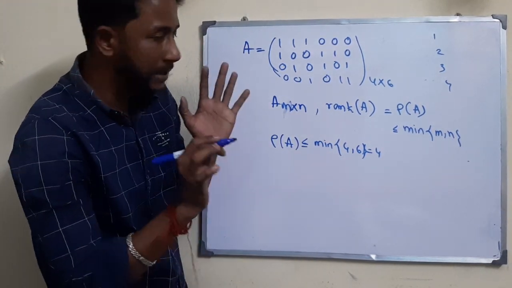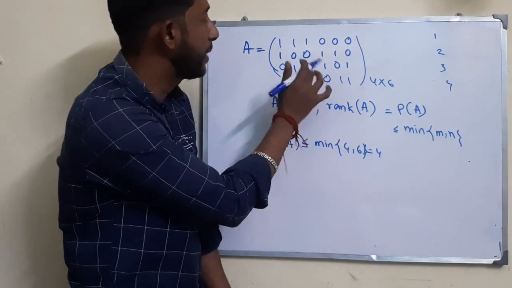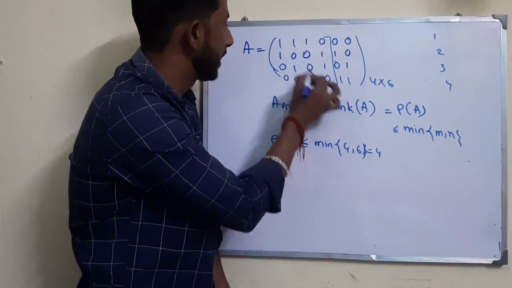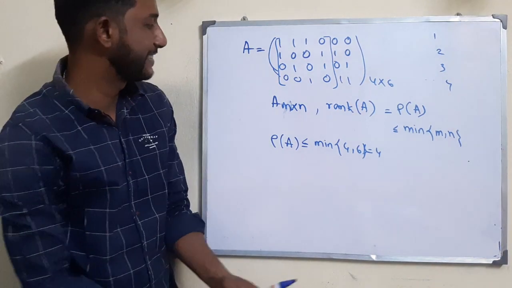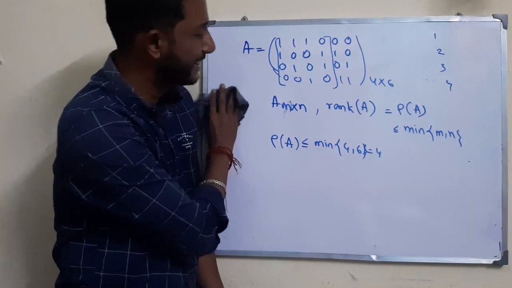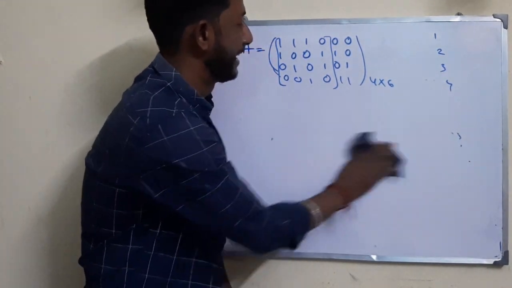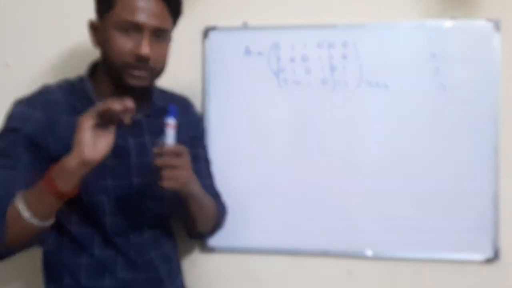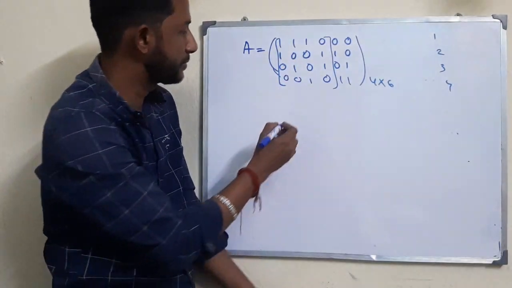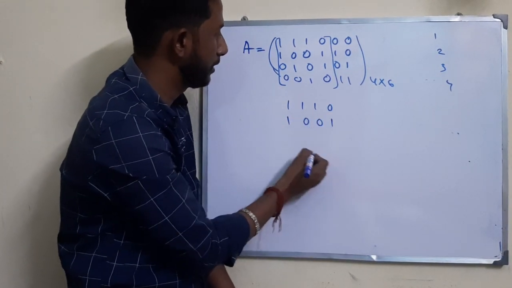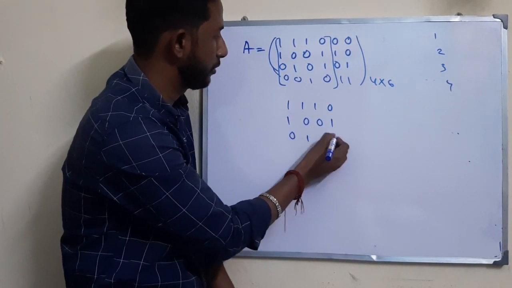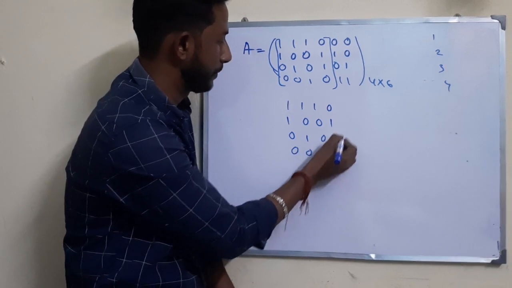Now I am considering a 4 cross 4 minor from the matrix A, that is this minor. It is a very easy question. Now let me show you that. Till now we got that rank of A is less or equals to 4, right? Now let us consider this minor: 1 1 1 0, 1 0 0 1, 0 1 0 0, 0 0 1 0.